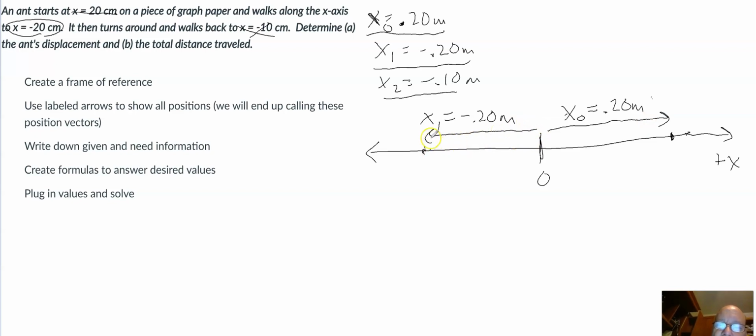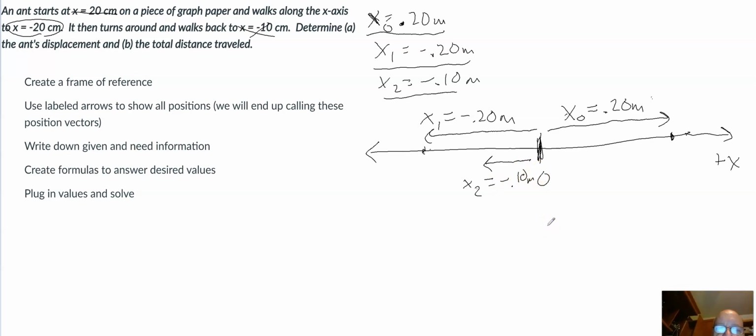It's just showing that at my second position here, I am 20 hundredths of a meter to the negative side of the origin, okay? And then I've got a third position. I'm going to use this arrow here to say x2 equals negative 0.10 meters.